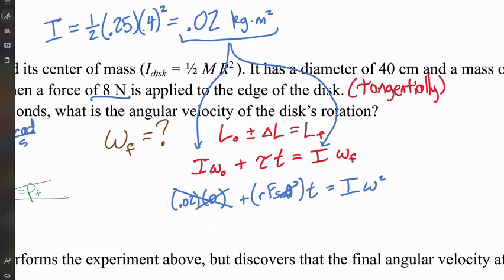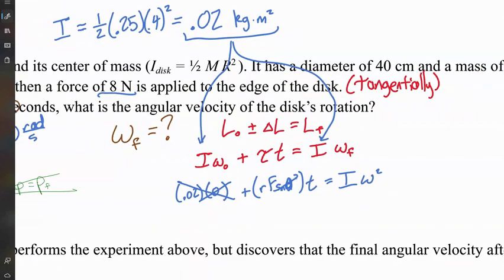Let's plug in some numbers. Oh shoot, I need to back up. My apologies, because up here I plugged in the diameter instead of the radius, which is half of the diameter, so 0.2 squared.